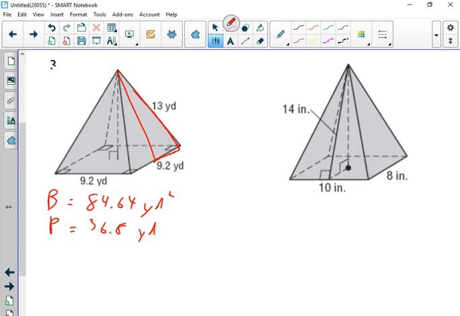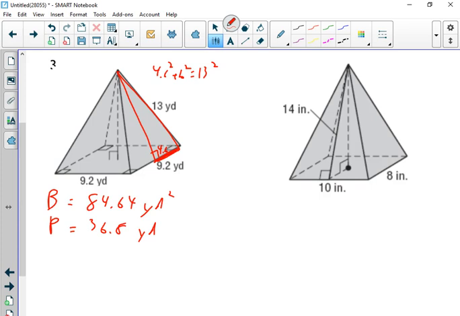So we have a triangle right here. This right here is going to be 9.2 divided by 2, which is 4.6. We know our hypotenuse, which is 13. So we need to do 4.6 squared plus b squared equals 13 squared.